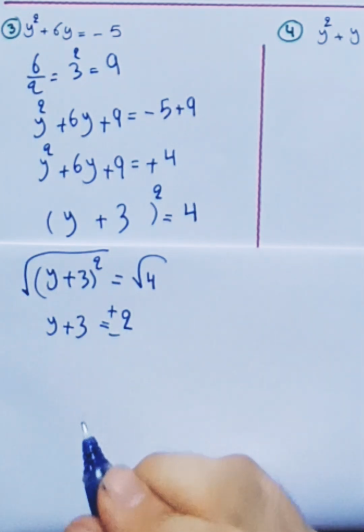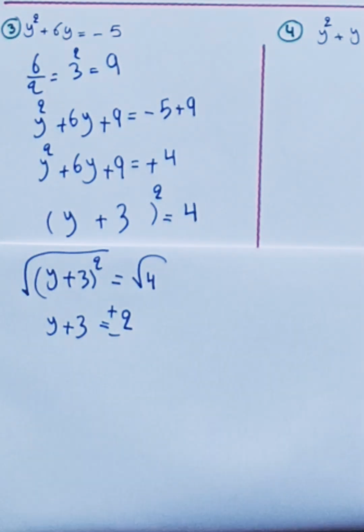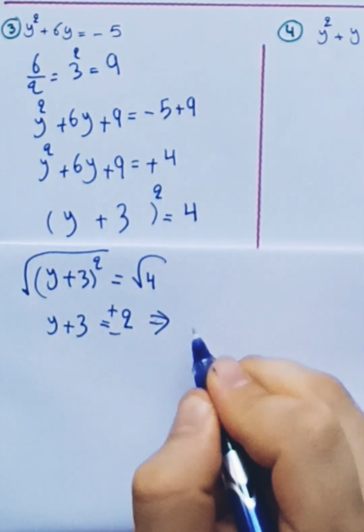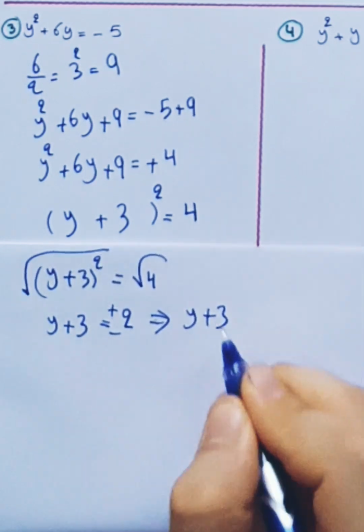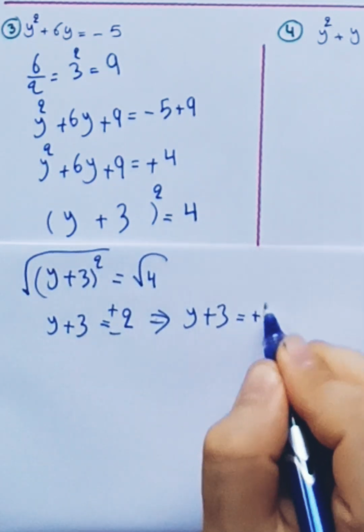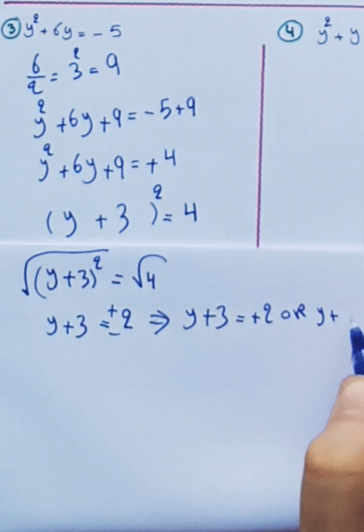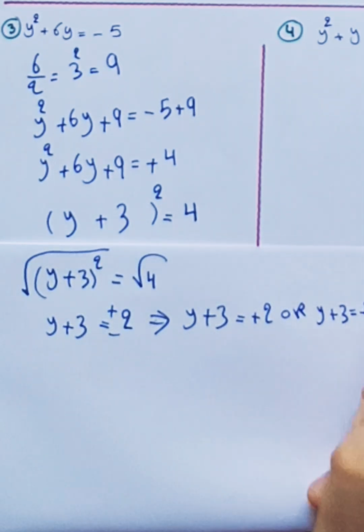After that, we have two equations, and we have to find the value for y in these equations. So y plus 3 equal to positive 2, or y plus 3 equal to negative 2.